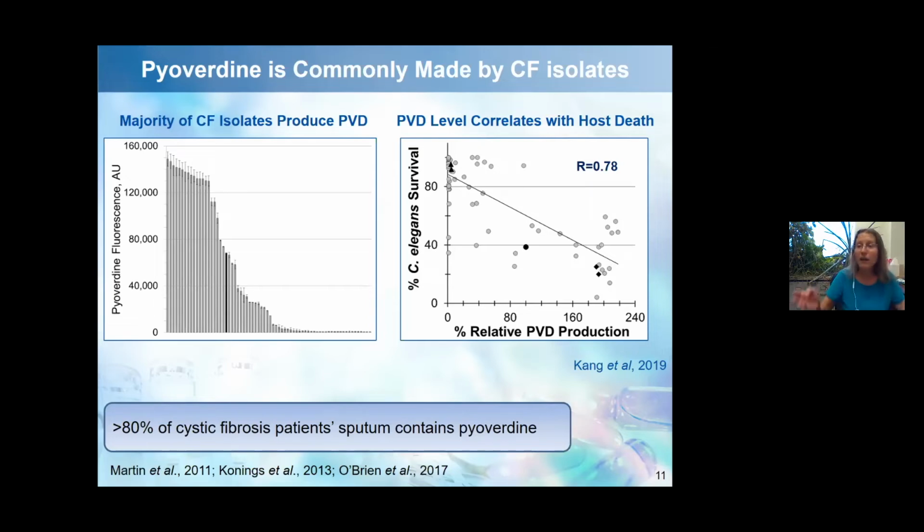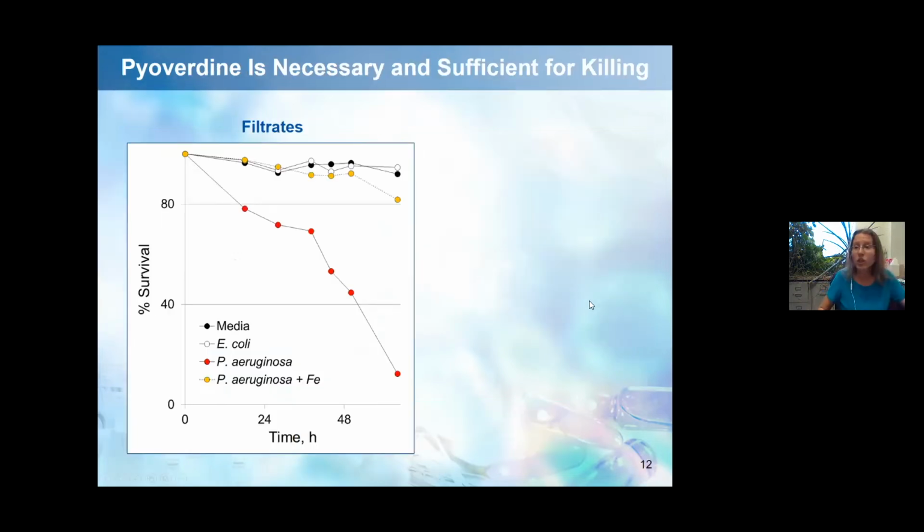So yes, pyoverdine plays a role in pathogenesis, but that was known. The question that we asked was, can it be directly toxic to the host? To answer that question, we prepared filtrates, bacteria-free spent media, where we let Pseudomonas grow in the media overnight.